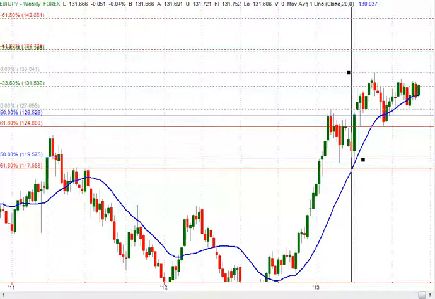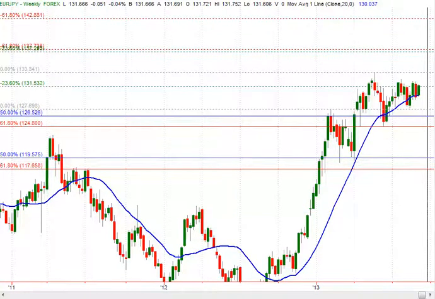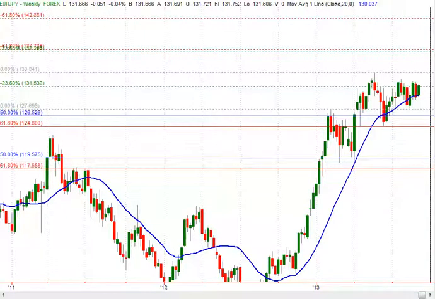So if the Japanese yen continues to be debased versus the US dollar, and this is actually the visible implementation of the currency wars here, we could see this price moving into 137.